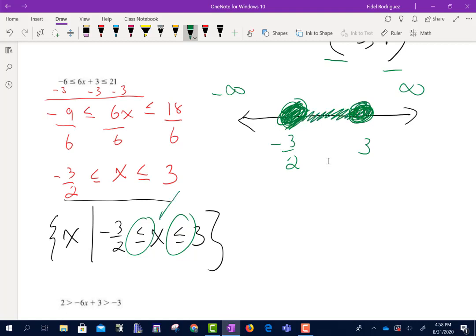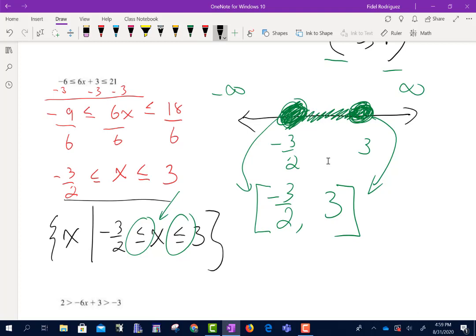Since these have the equal signs, those circles are filled in. And I shade everything in the middle because my x is in the middle. Okay? And now my interval notation or my interval form is going to look like this. Negative 3 halves, comma 3. Using brackets because, again, those circles are filled in, right?